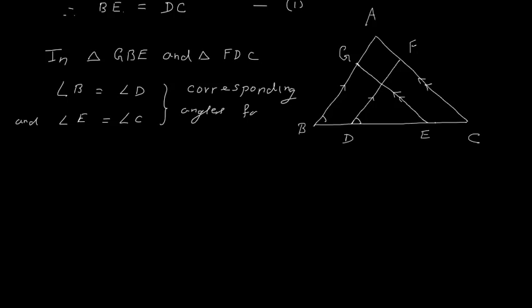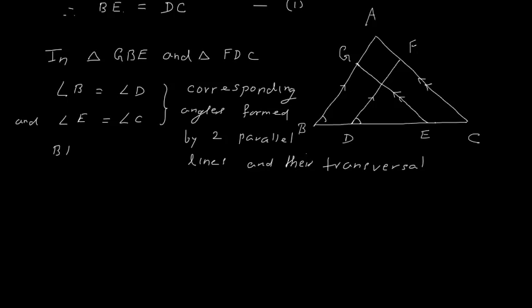angles formed by two parallel lines and their transversal. Also we have this side BE is equal to DC from 1, you can see from 1.